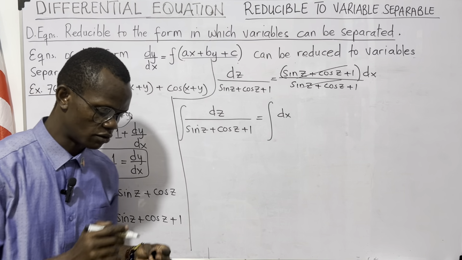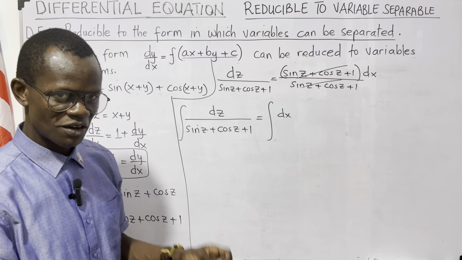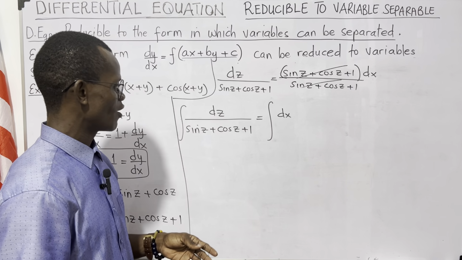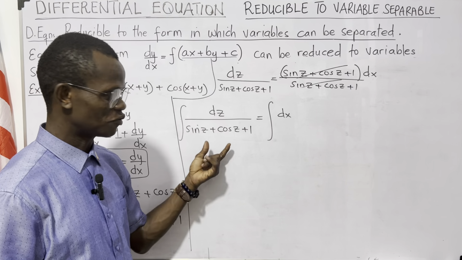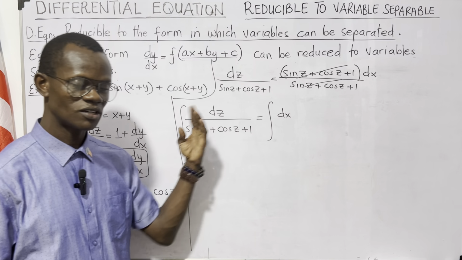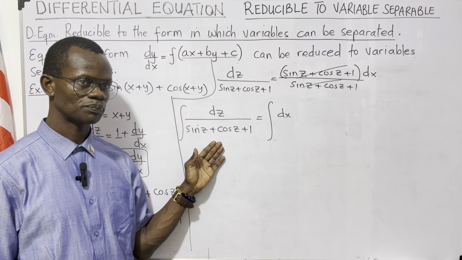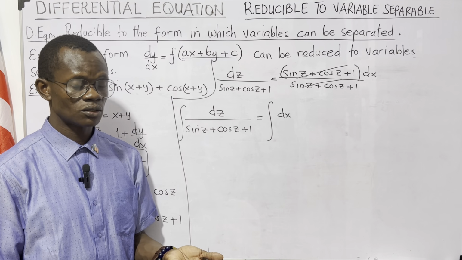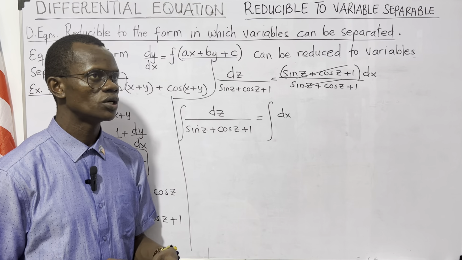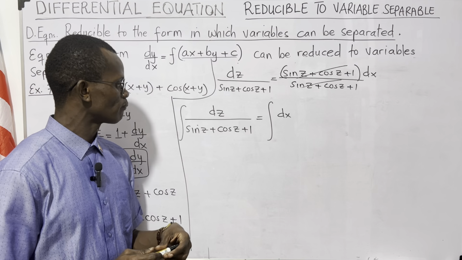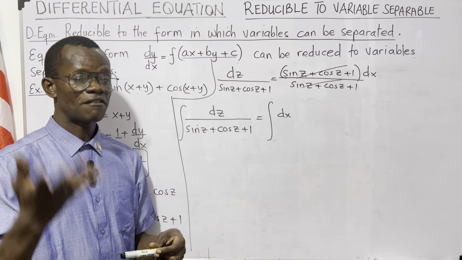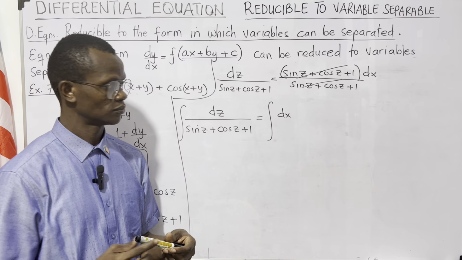Now, at this point, we have to be very, very careful on how we find the general solution for the integral on the left-hand side. There are several ways to approach this problem. So one way I could think of is to use the half angle identities.